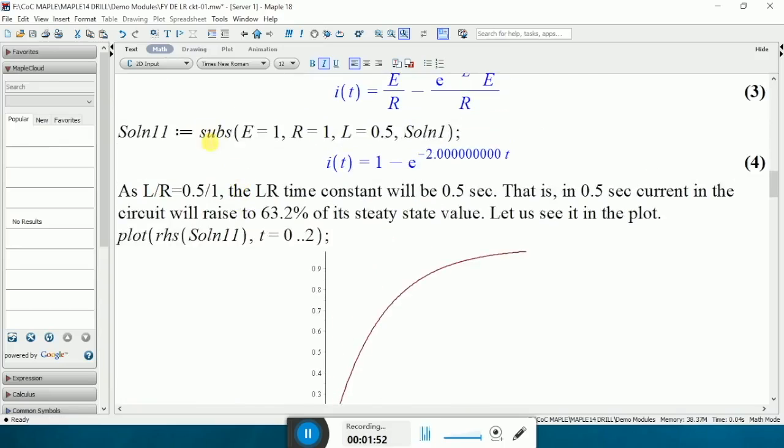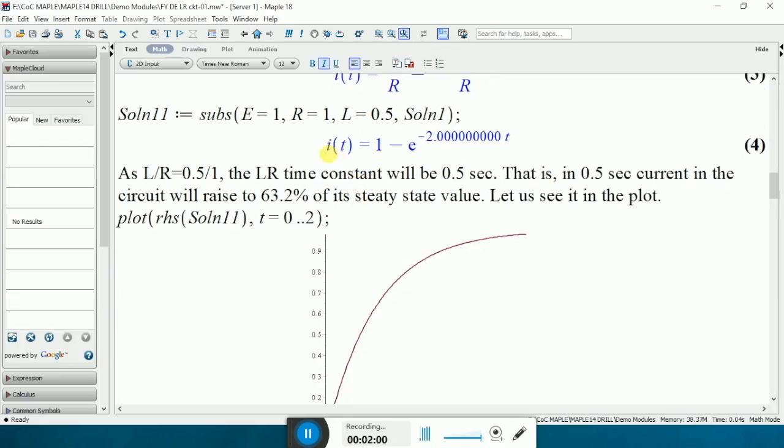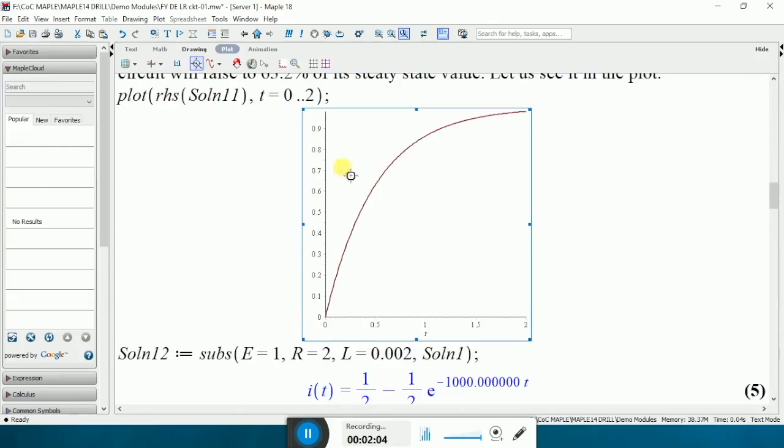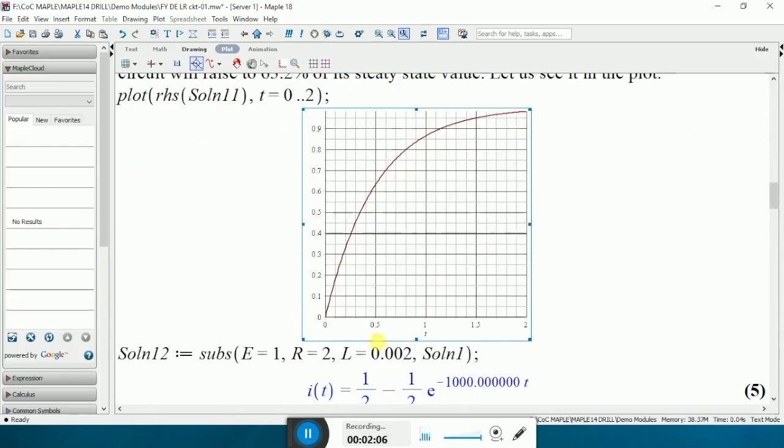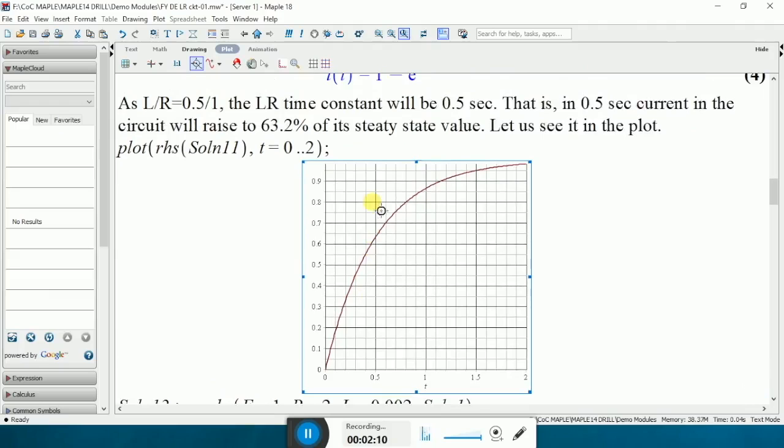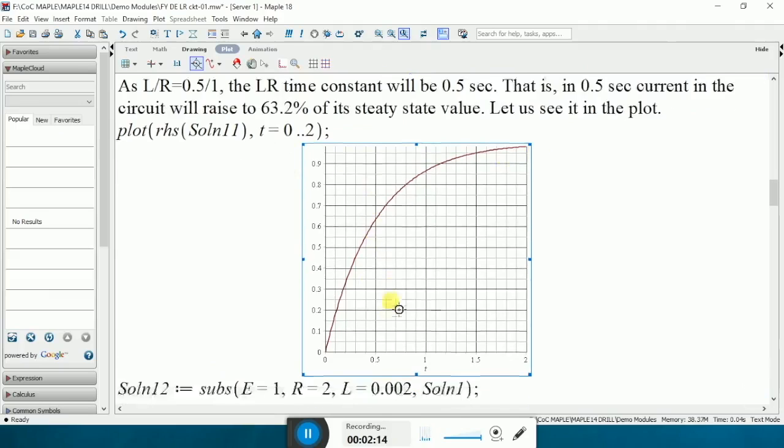Solution 1 1 is solution 1 only, where E equal to 1, R equal to 1, L equal to 0.5 is substituted, and this is the equation being considered for plotting. And you can look at the grid. At 0.5 seconds it takes 63.2% of the steady state value.